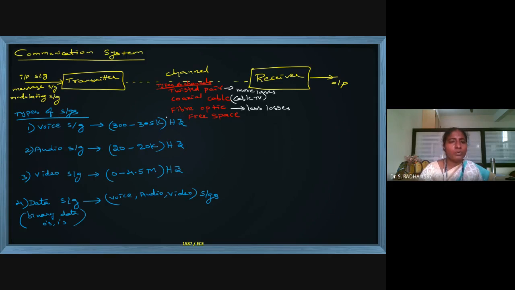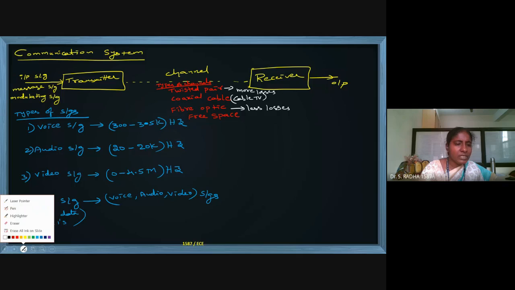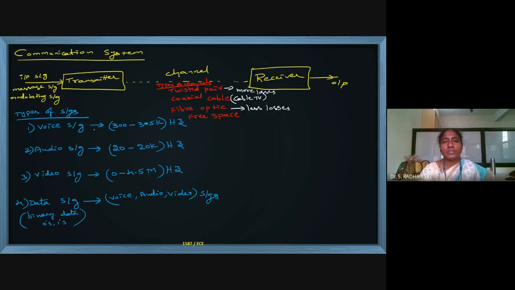Okay. Now, next is what we are going to do with the transmitter and receiver. At the transmitter, generally the message signal has a maximum frequency of around 5 kilohertz only.